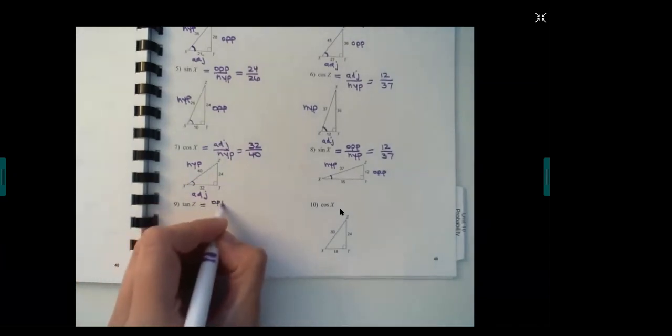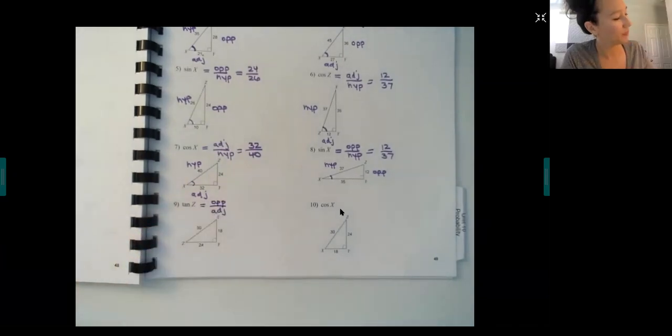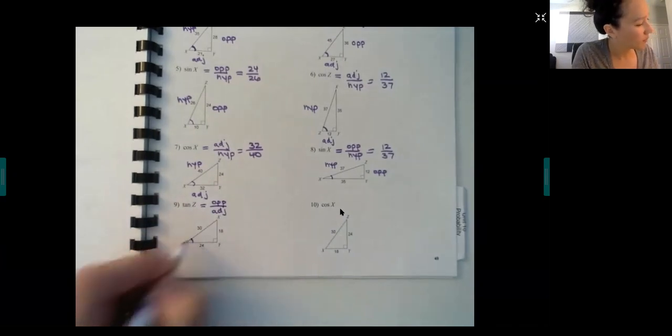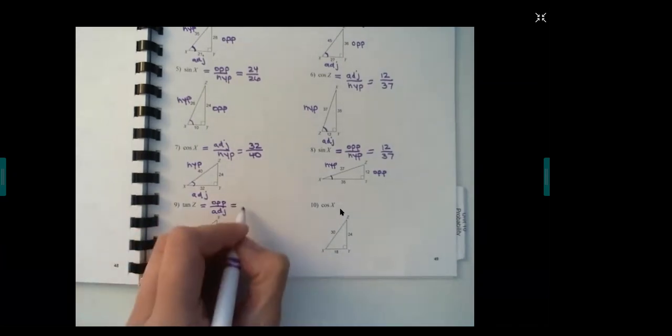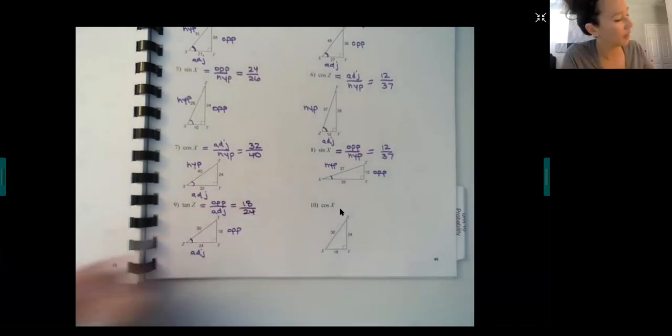Okay, I got opposite over adjacent. Yep. And the opposite would be 18. Yes. And the adjacent would be 24. Yes. And then 18 over 24. Very good. And number 10.